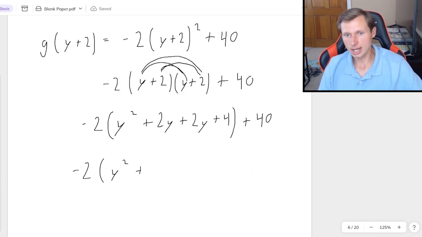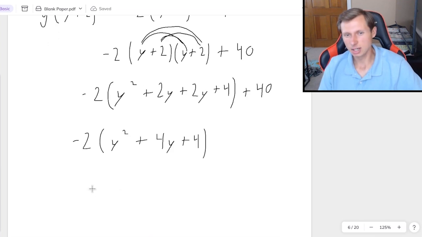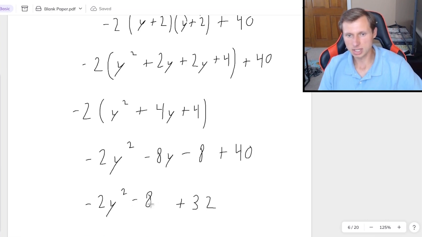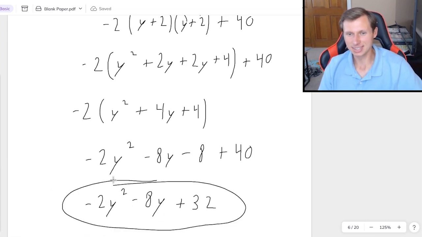So first, real quick, I am going to add these two y's together to make 4y, still in the parentheses. And now, distributing the negative 2 to everything, we're going to get negative 2y squared minus 8y minus 8, and then we are still plus 40. So then negative 8 plus 40 is the only thing that can be reduced here. That is going to be plus 32, and then the rest of the stuff out front just comes along for the ride. And there we go. That's the answer for y plus 2.